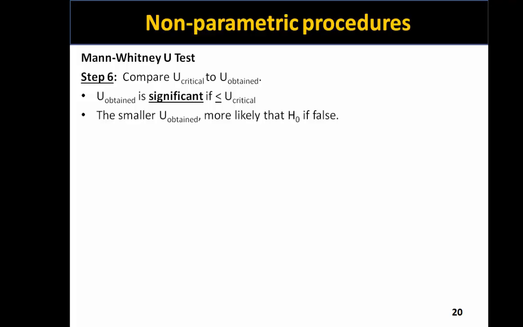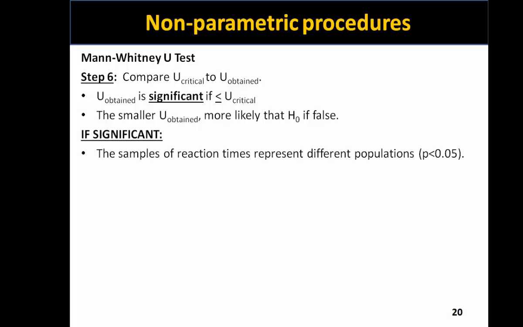The smaller the U obtained, the more likely that the null hypothesis is false, and we're likely going to reject that null hypothesis. In this situation, given that the obtained U value, 2.0, was equal to the critical U value, the results were statistically significant.